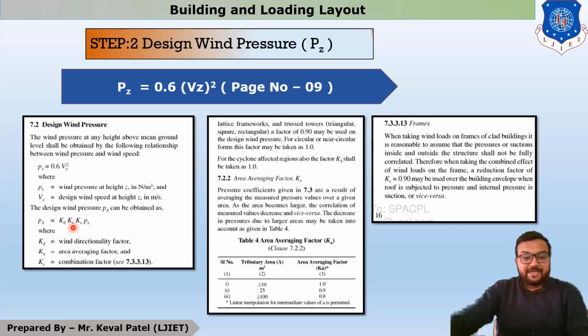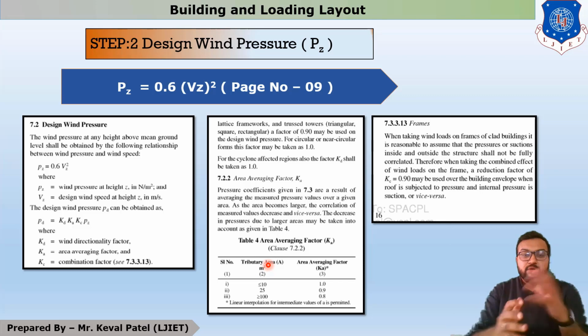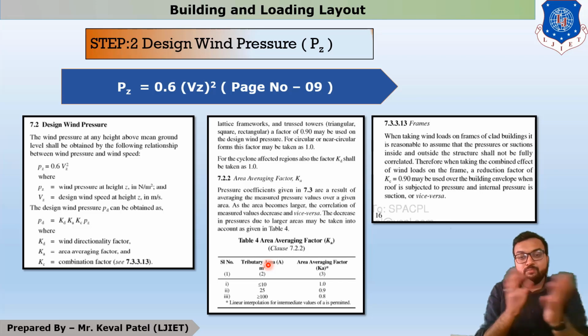Now the second unknown is KA, which means area averaging factor. The area averaging factor depends on tributary area. Now what is tributary area? Tributary area means panel length. It is also called the center to center distance between two columns on both sides. So the center to center distance between panels is called the tributary area.